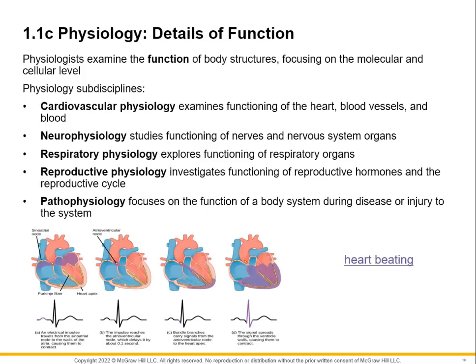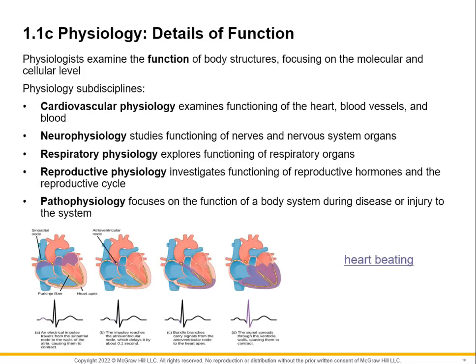Now, we covered just a select few of the branches of anatomy, so we'll do the same with physiology. Now, keep in mind again, guys, we're only covering a few of these. There are many, many, many different ways to study anatomy and physiology. Cardiovascular physiology examines the heart, the blood vessels, and the blood.